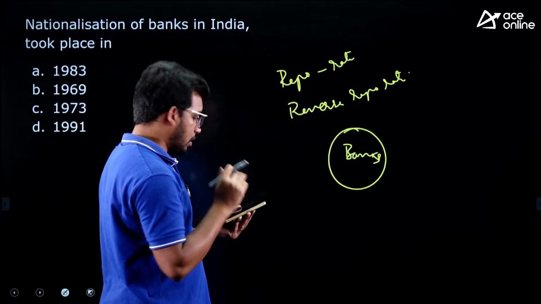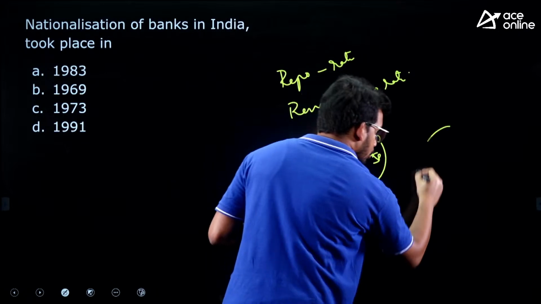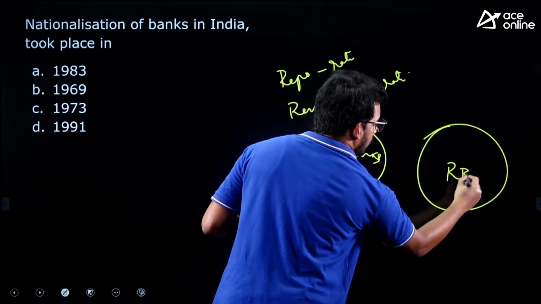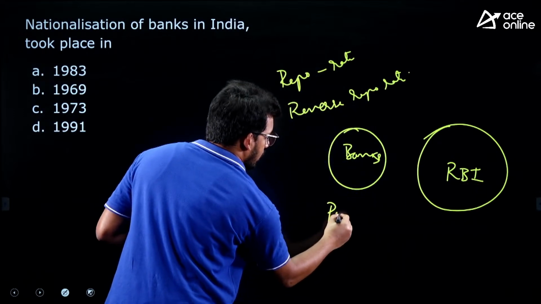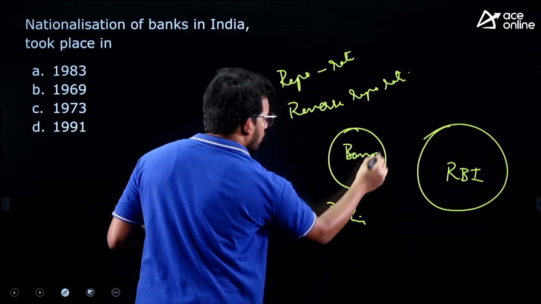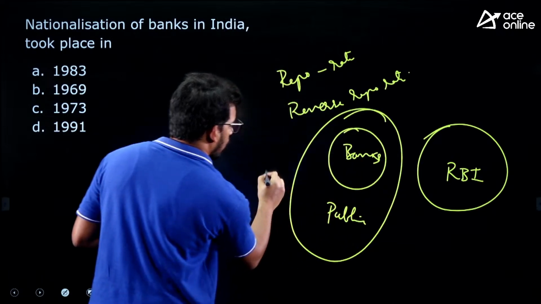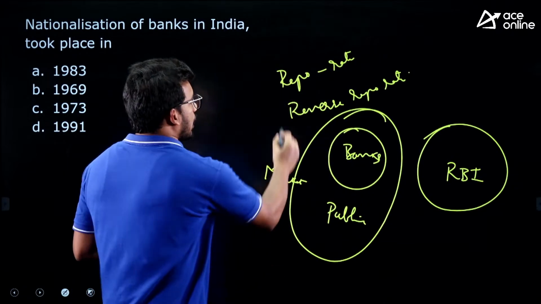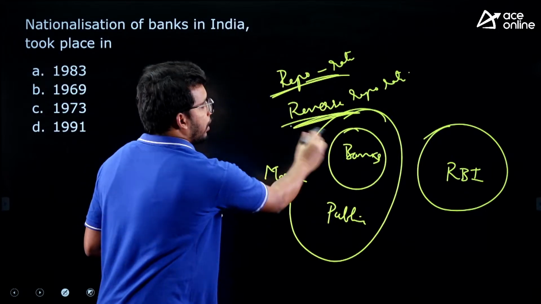Try to listen carefully so you can answer the previous question. This is banks, this is RBI, this is the public, and this is all the market. This is very important because many times questions are asked on it.